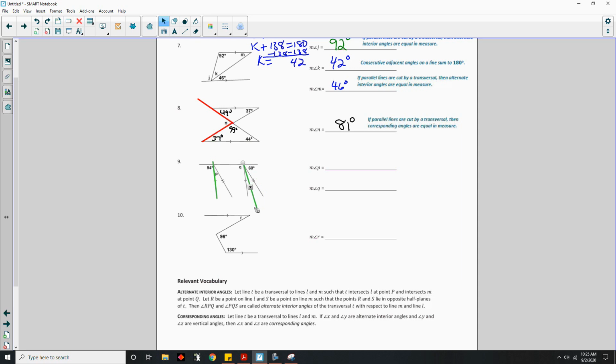The ones with the 1 mark are parallel, so I'll do those in green. And then the ones with 2 marks are parallel. So this is parallel to this. Okay, so the reds are parallel, the greens are parallel, and my transversal is right here now.